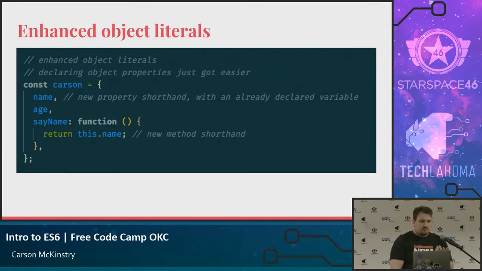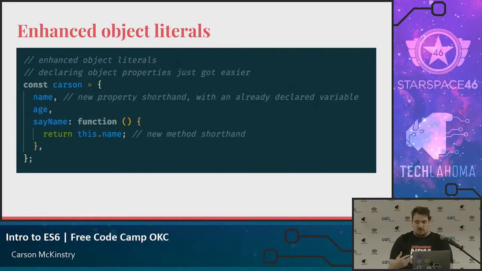Objects in JavaScript are these encapsulated pieces of data. There are a couple ways that you can declare them. This is one of them, and this is actually showing off what you can do in ES6. There's a lot more shorthand now.